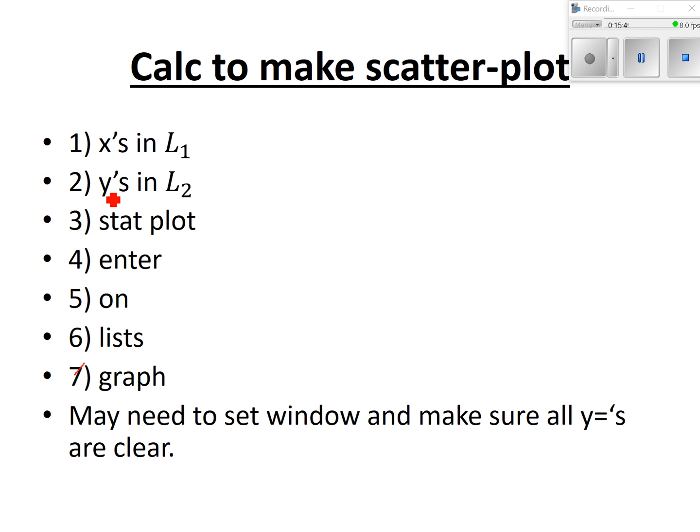If you want to do it, just remember that when you go to stat plot and change that stat plot, it messes up all the other graphs, and you've got to make sure you go back and reset it and put it back the right way. You may have to set your window to make sure that you can see all the Y's and X's.